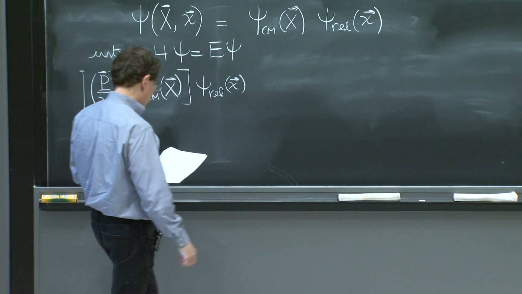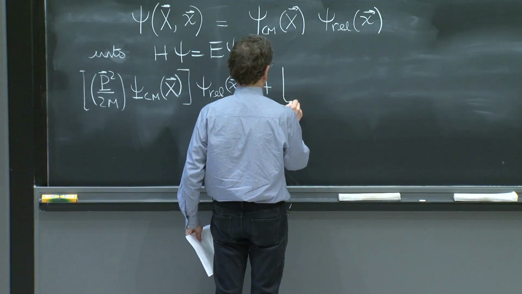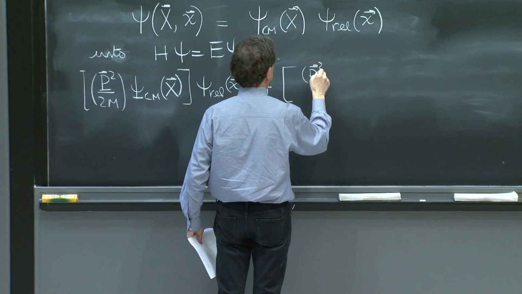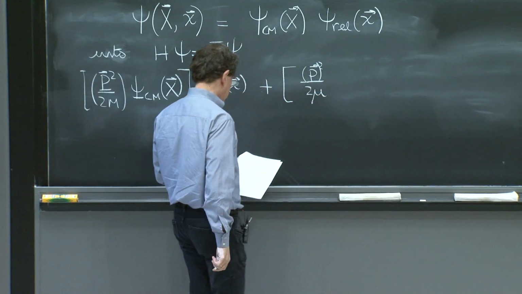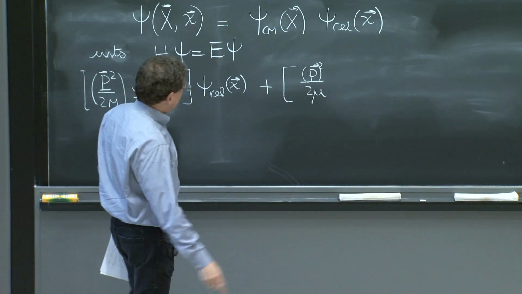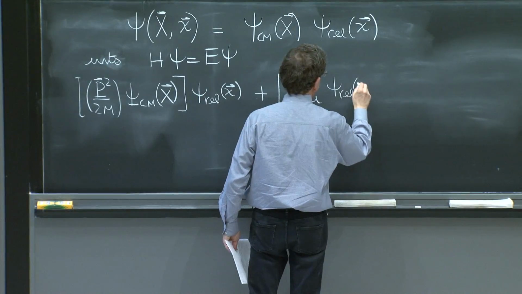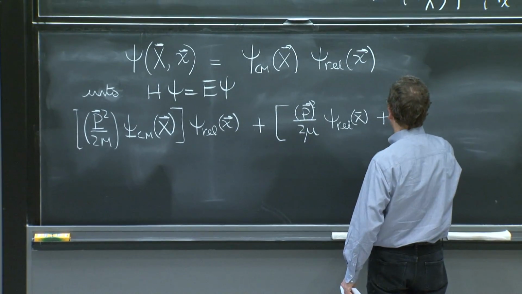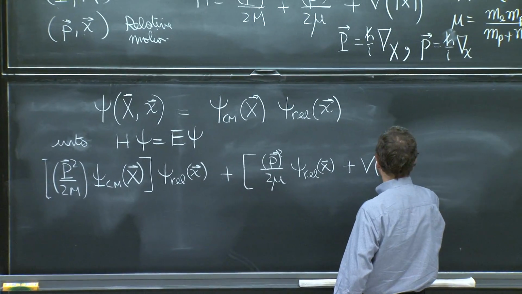For the second term in the Hamiltonian, we would have p squared over 2 mu acting on psi relative. And let's put even the potential here, V of x relative.